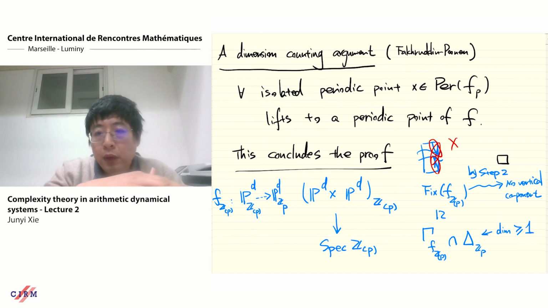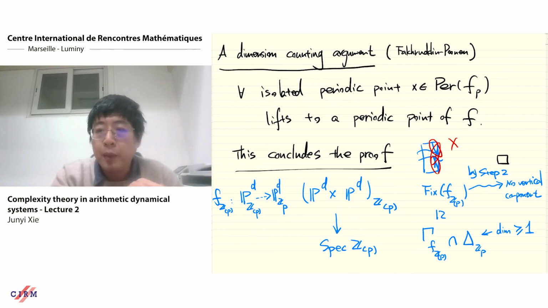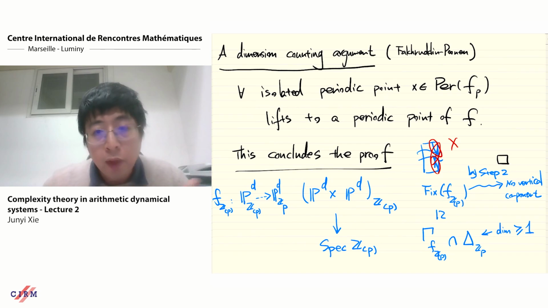So if you have a horizontal irreducible component passing through this point, it means that you can lift this point to the generic fiber. That's the argument. Okay. So now we just finished the proof of Zariski density of periodic points for cohomologically hyperbolic maps.